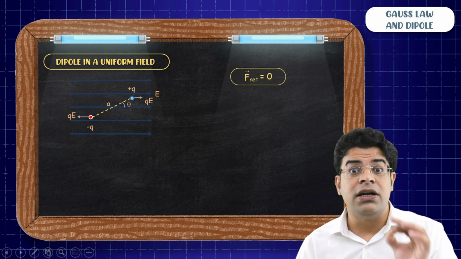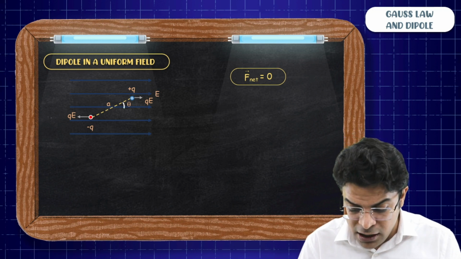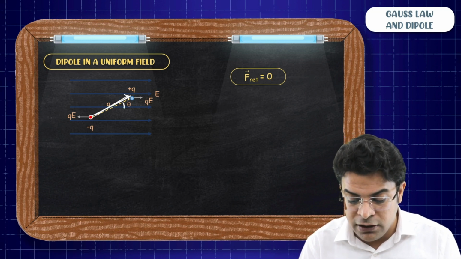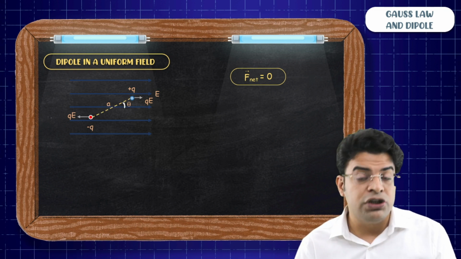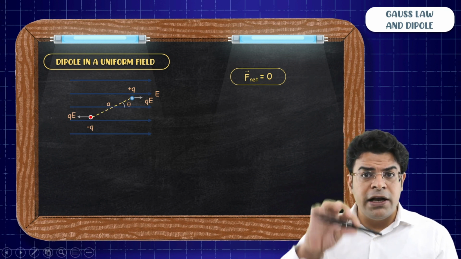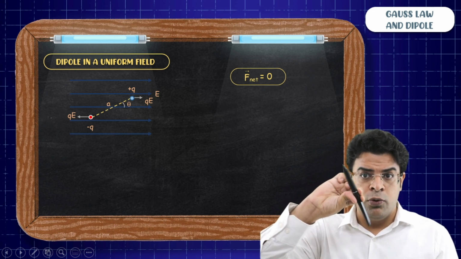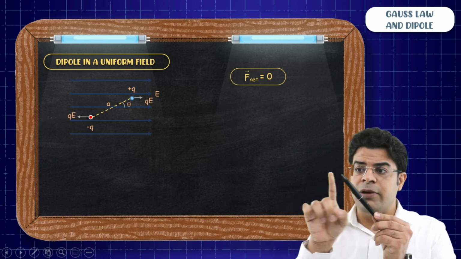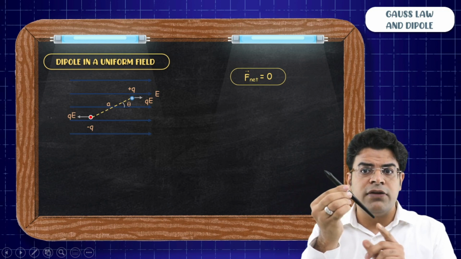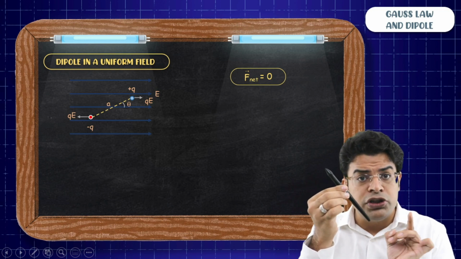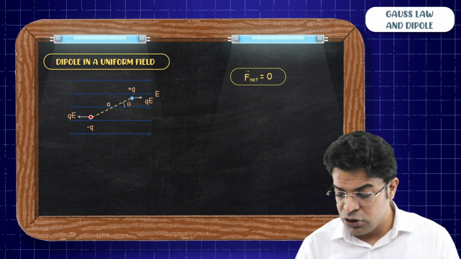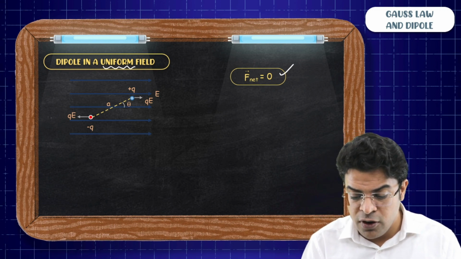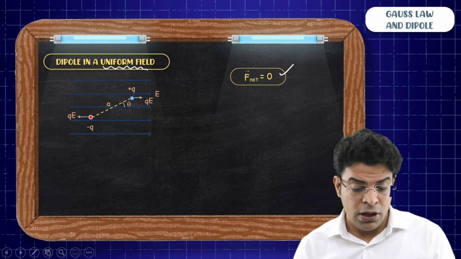And this result is independent of the angle made by the dipole moment vector with the direction of field, independent of the choice of theta. So independent of the orientation of dipole, the net force on a dipole placed in a uniform electric field is zero.